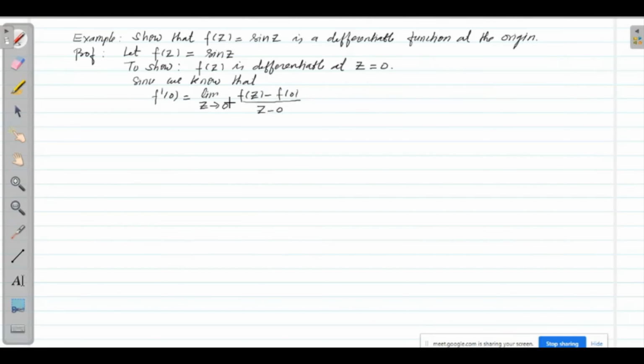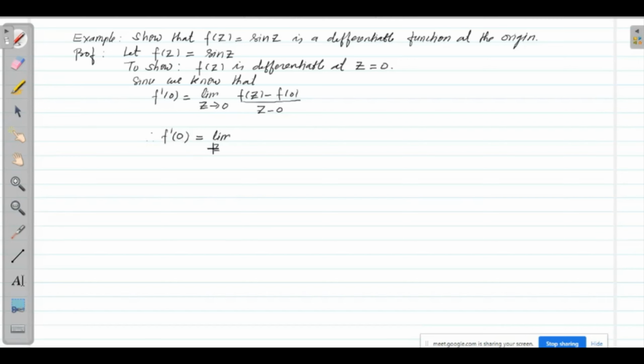So this is your definition of differentiability of a function. Therefore we will have f dash of 0 equal to what?